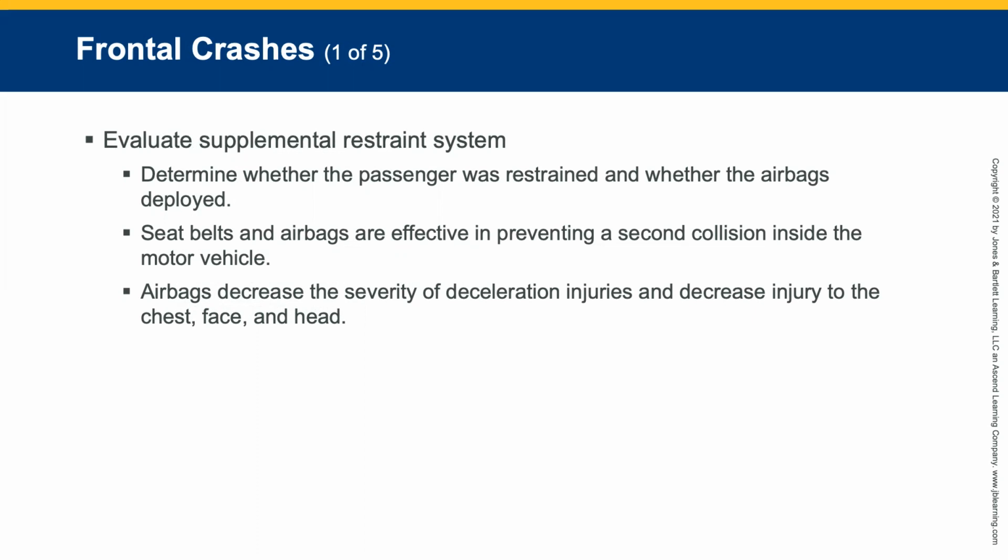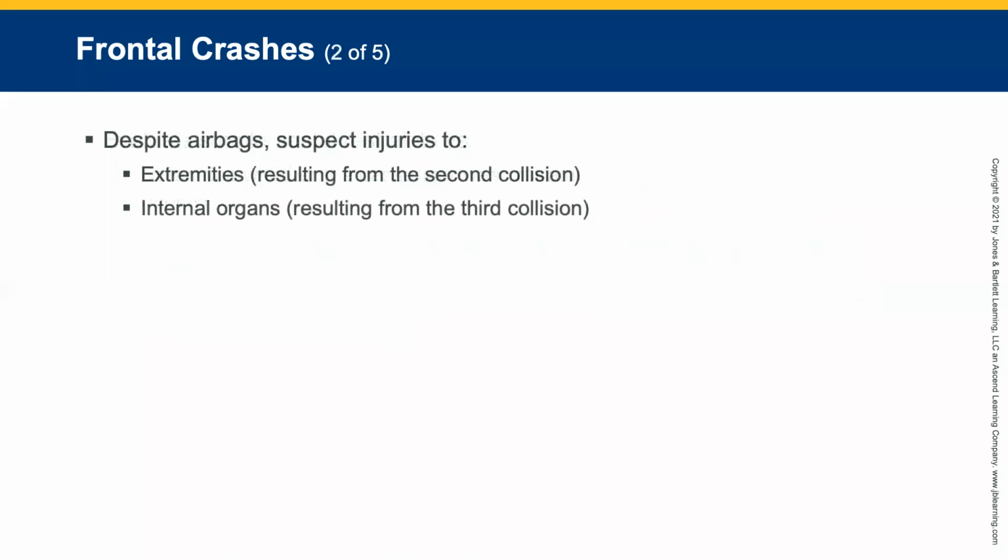Seat belts may decrease the severity of the third collision, and airbags decrease the severity of deceleration injuries and decrease injuries to the chest, face, and head. Despite airbags, suspect injuries to extremities resulting from the second collision, and internal organs resulting from the third collision.